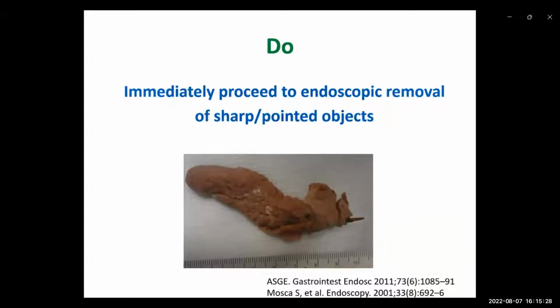Again, a general anesthesia performed with a rapid sequence induction technique and with endotracheal intubation must be anticipated in such patients with a full stomach to reduce the risk of pulmonary inhalation. Radiological workup is not mandatory and should not delay urgent endoscopic removal of a pointed or sharp foreign body.